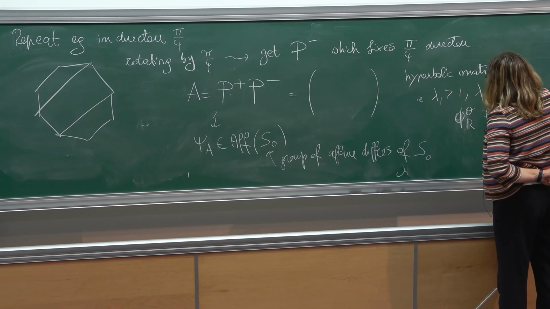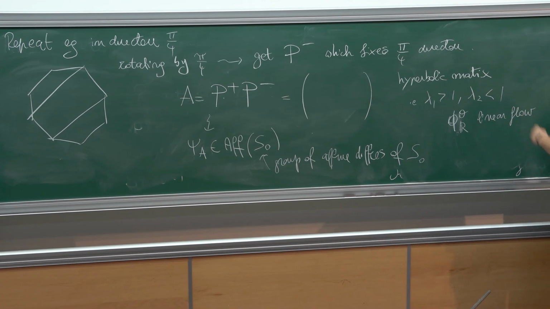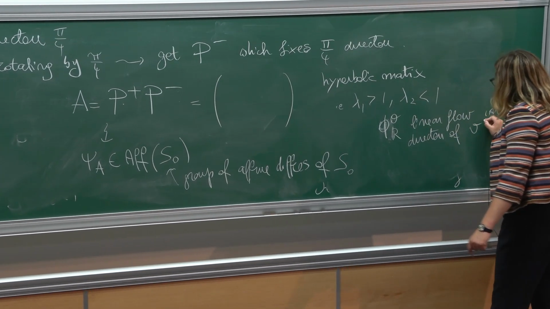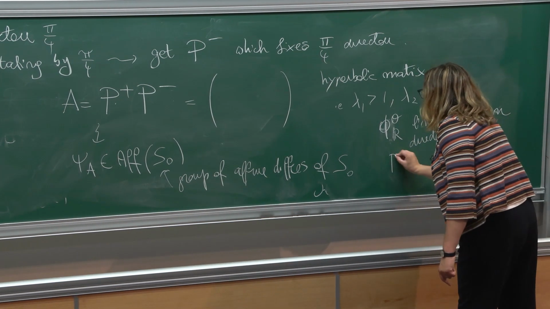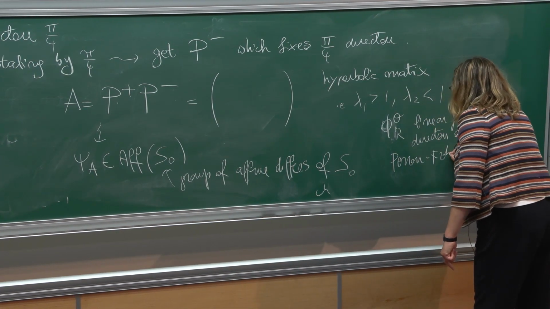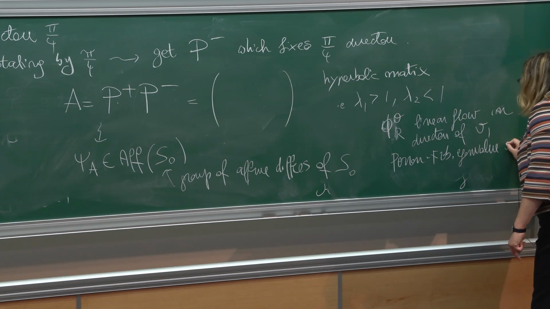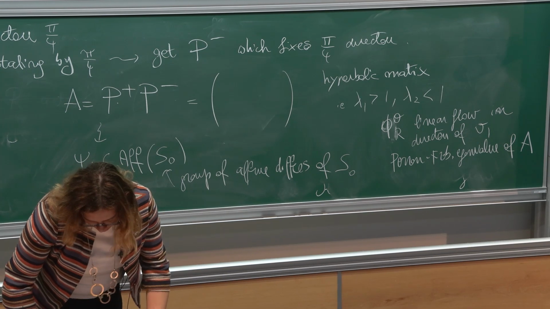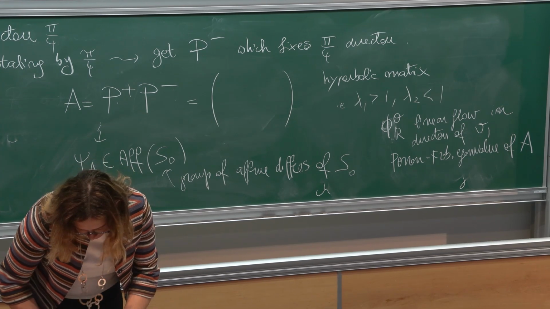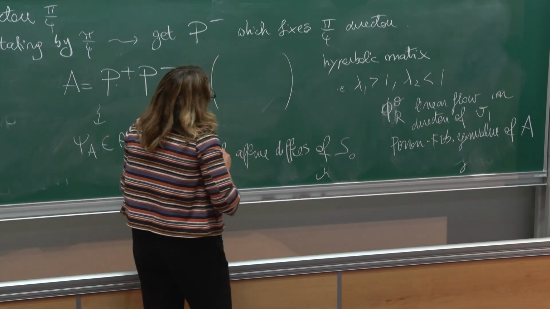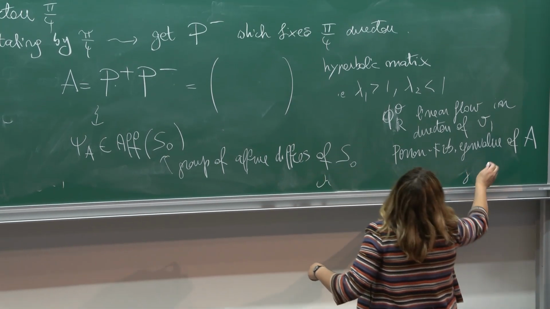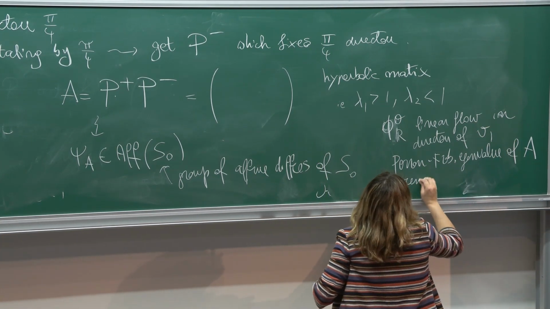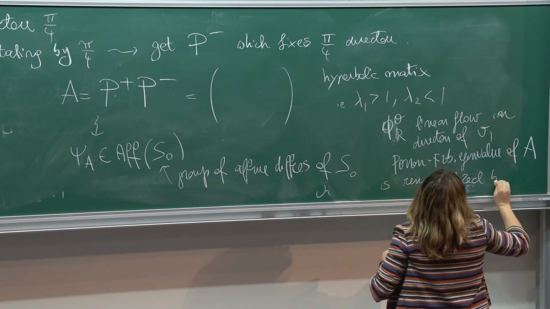And again, like before, if I look at psi theta, which is a linear flow in the direction of V1, which is the Perron-Frobenius eigenvector of this matrix, so the largest eigenvalue, since A is a positive matrix, this is again renormalized exactly by psi A inverse.